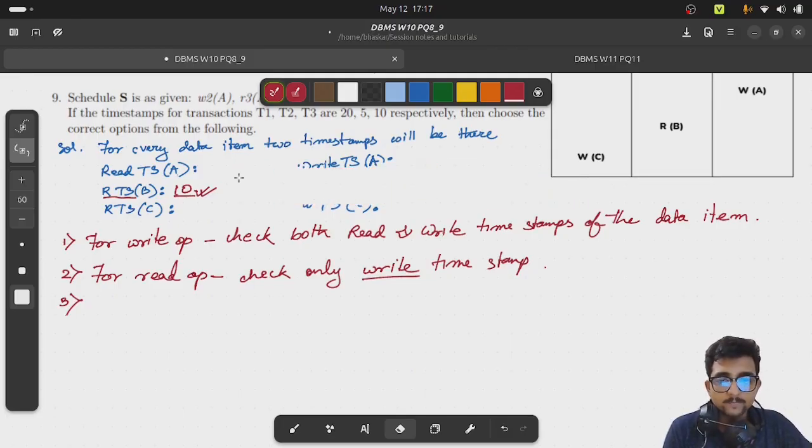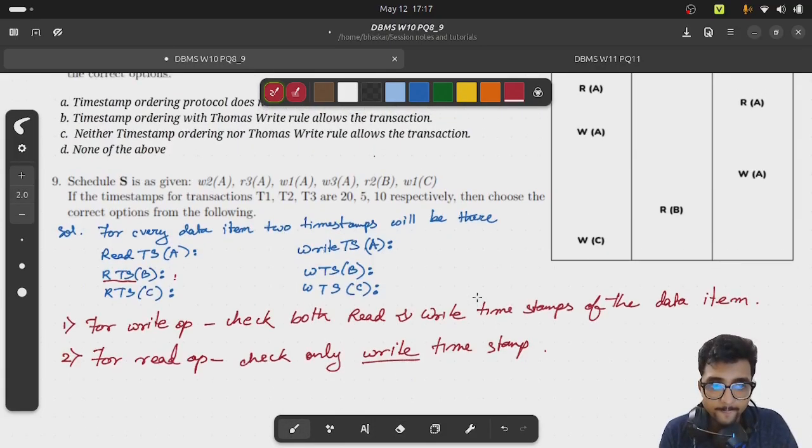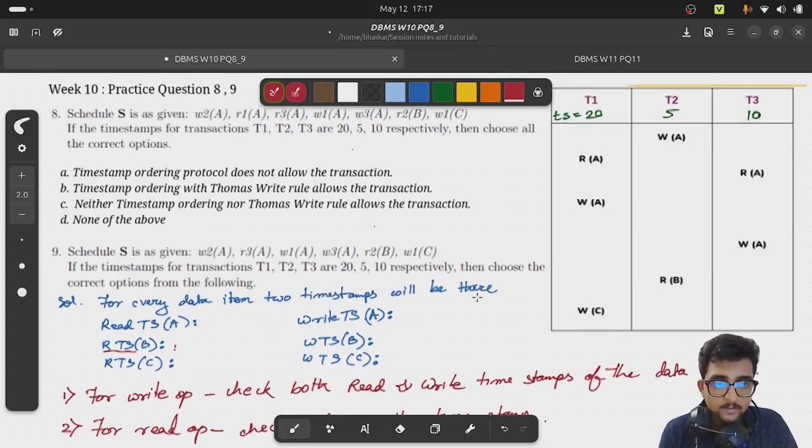Just for an example. Sorry. Fine. So now I'm not writing it. I hope I communicated the fact. Now we will go to the schedule.